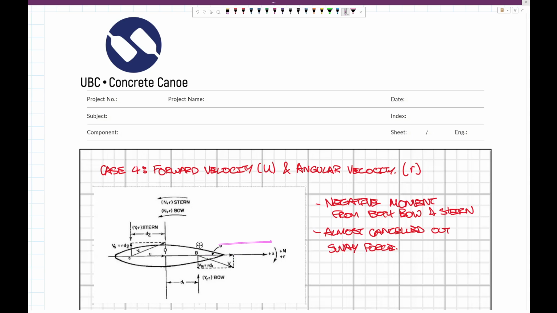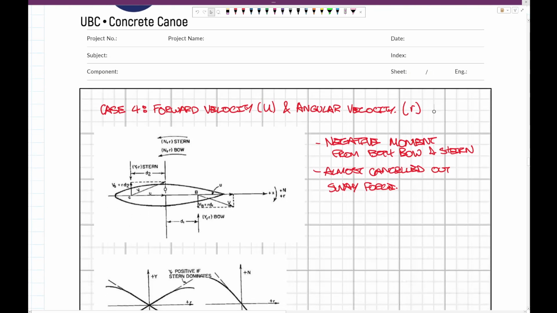You're accelerating in this direction, and you're also going to be rotating quicker in the clockwise direction. So there's going to be a negative moment contribution from the bow and the stern.